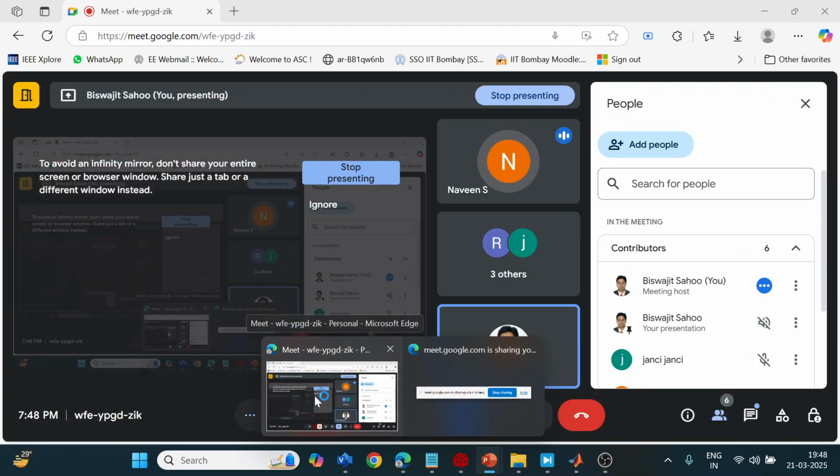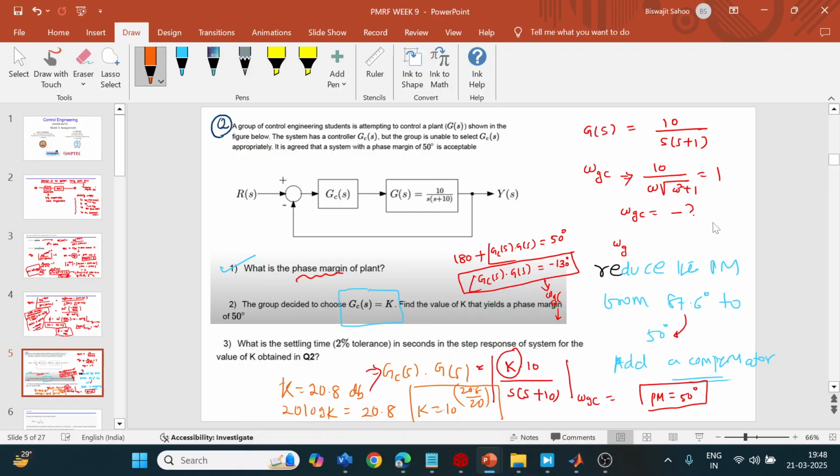Sir, omega GC is equal to 1, sir. Sorry, omega gc is not equal to 1. I told you at omega gc your gain should be equal to 1, not omega gc equal to 1. What is the definition of omega gc? Omega gc is the frequency at which the gain of the system is equal to 1, right?